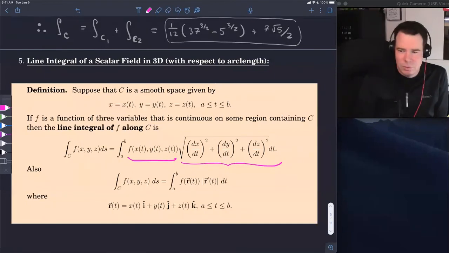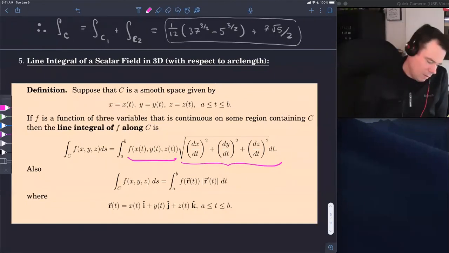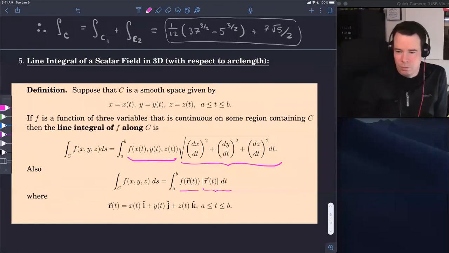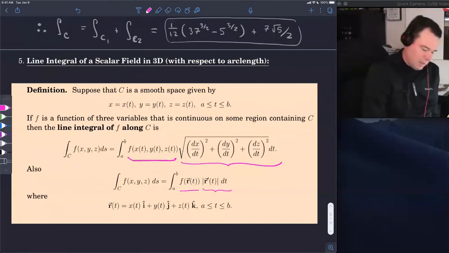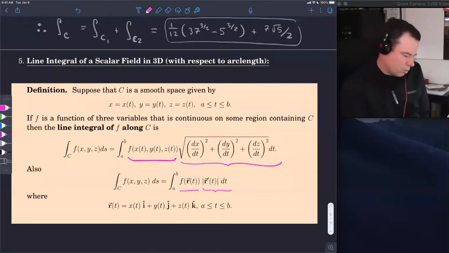Sometimes it's helpful to simplify the way we represent this. So we would represent it as the scalar evaluated at the parameterized curve, so f of r of t, and then ds just becomes the magnitude of r prime of t dt. So that's just a simplified way to write that full expression. But the bottom line is the same, and we just set up the integral, and it's a 1D integral.